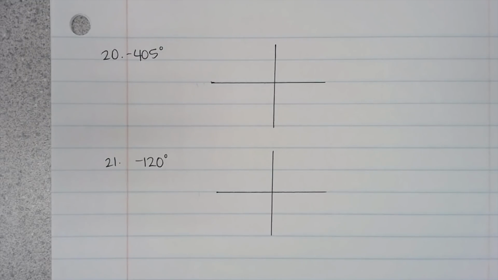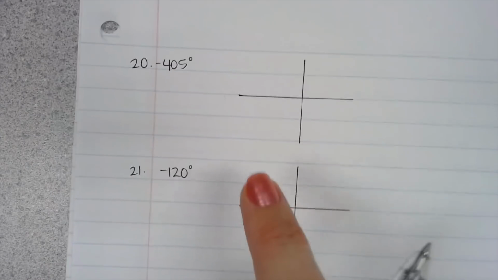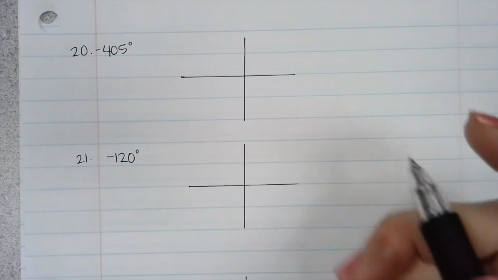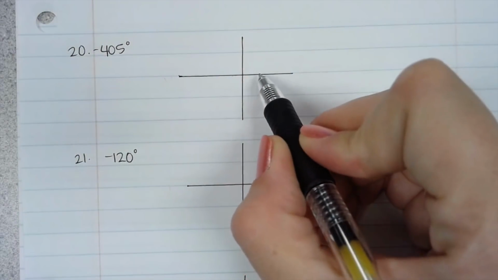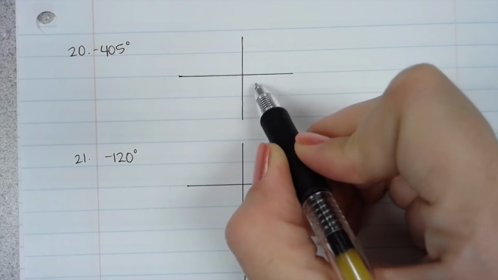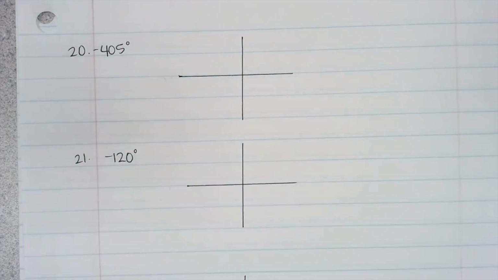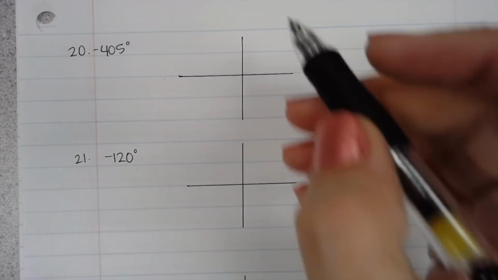Questions 20 and 21 are just a continuation of the directions from the last page. They're both negative though, so it is good to notice that these angles are going to be going the opposite way. So instead of going up and around 405, they're going to come down and around 405. If it went around one whole time, that would get you back to 360. So 405 take away 360 leaves you with 45 left over.